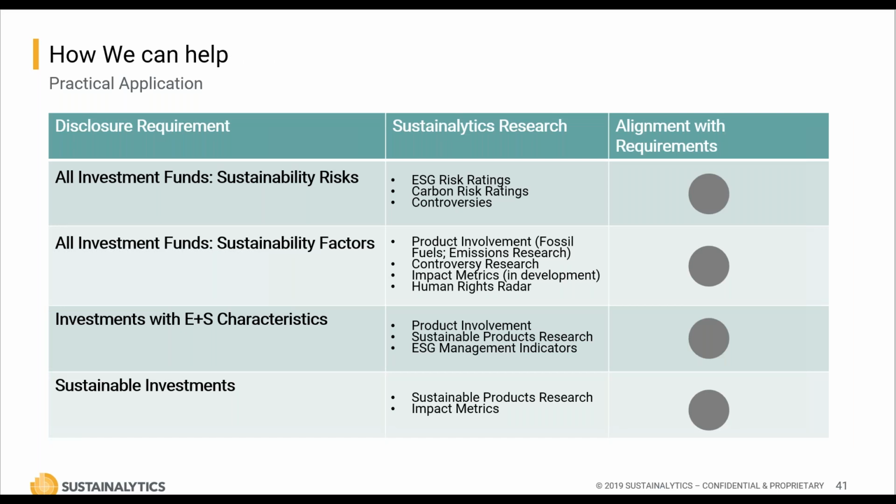So now the question is, how can we support our clients with meeting these four outlined regulatory concepts? So we have products that allow you to be fully aligned with all of the requirements of the regulation. So be it products such as our risk rating or carbon risk rating being developed with a clear focus on financial materiality in order to tackle sustainability or ESG risks, or be it products that support sustainability factors, i.e. meeting requirements with a clear stakeholder focus.